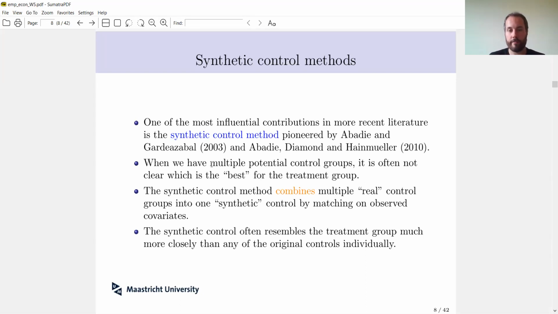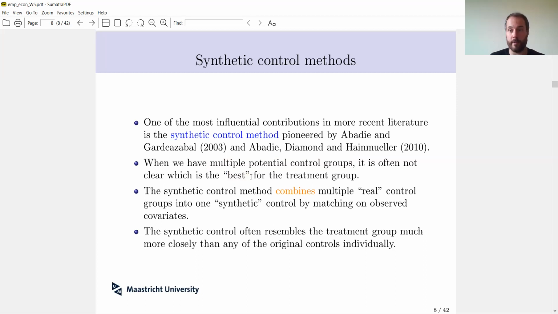Many times you have actually multiple potential control groups. Yeah, so for instance, look at the states of the US. That's actually the example that they consider. For instance, you have California changes a policy. Then in principle, you have 50 states that you can use as a control group. Now, it is not clear which other state would be best as a control group.